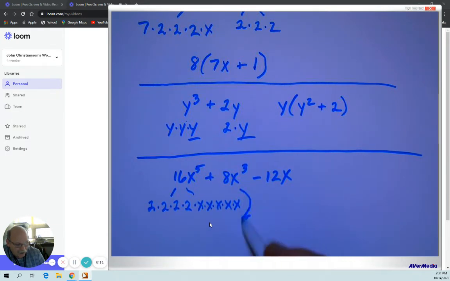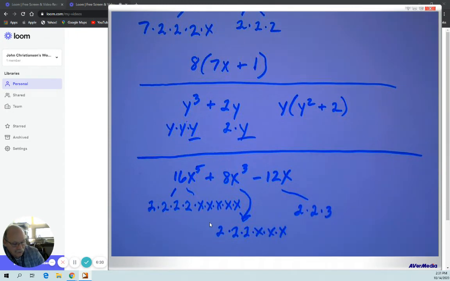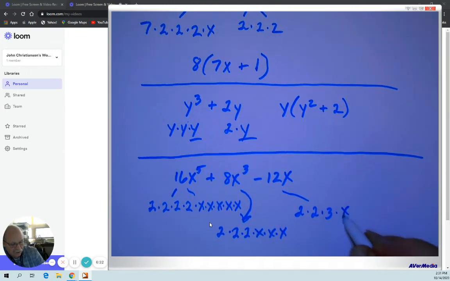And then 8 is 2 times 2 times 2, and then I have times x times x times x, right? And then 12 is 2 times 6, which is 2 times 2 times 3, and then times x.